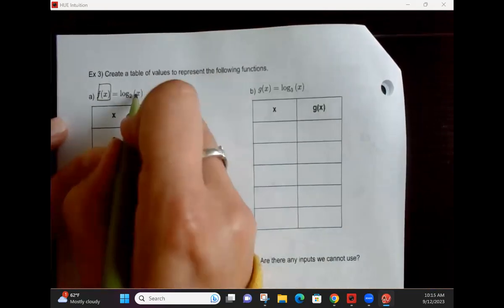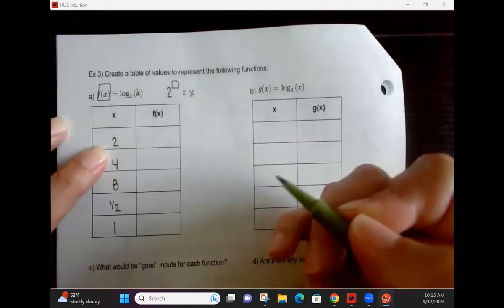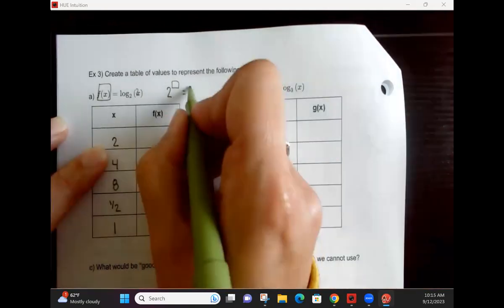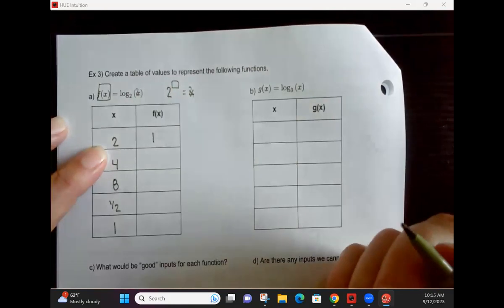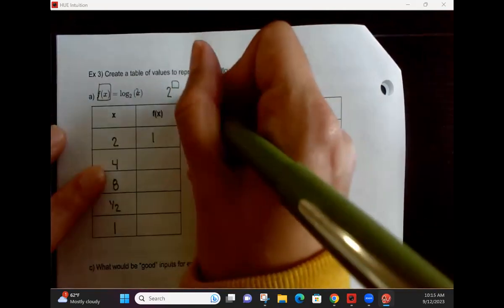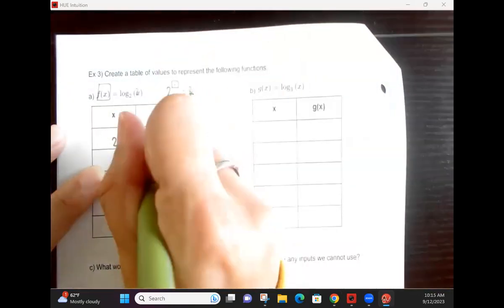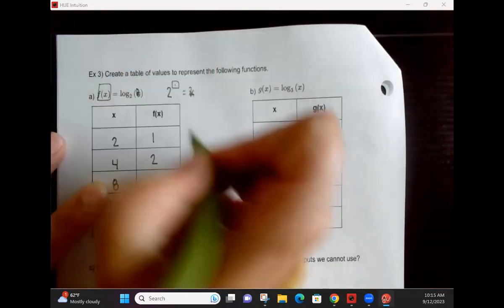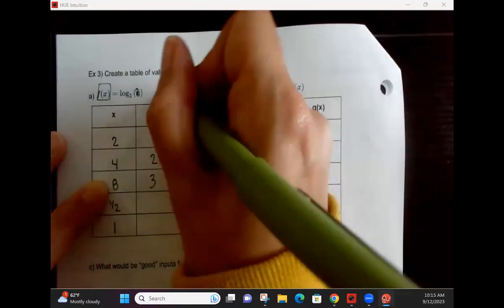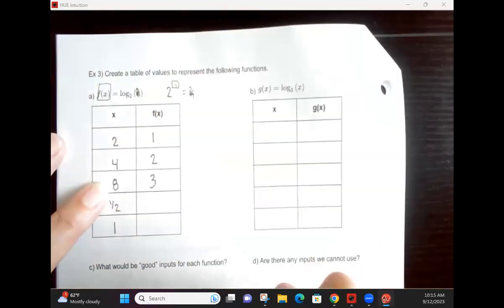So if I plug in 2 for x, right? If I plug in 2 for the argument, that means this guy would be 2 and my function output would be 1. If I plug in 4 here, my output would be 2. My log would be equal to 2. Log base 2 of 8 would be 3, since 2 to the 3rd power is 8.